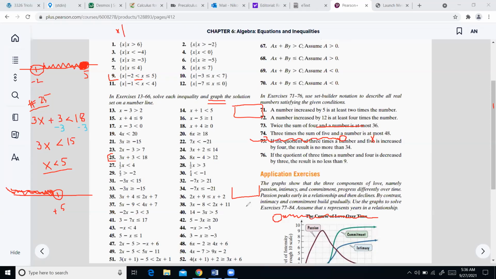Let me do another one. How about problem number 44? That says -x is greater than -3. I say, well, then to find x, I will get rid of that negative sign, right? So what people do is they say divide by -1 on both sides of this inequality.